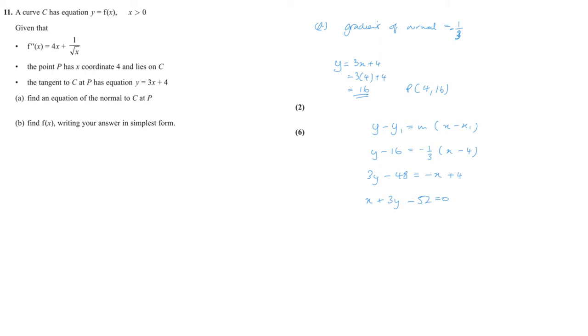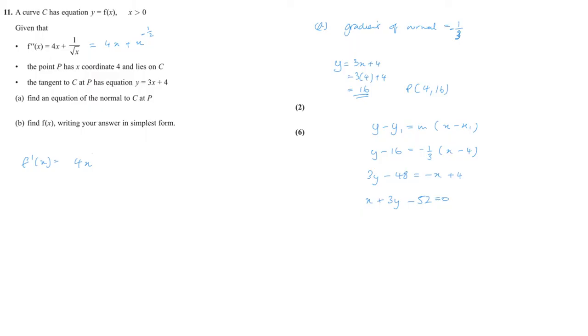Now part B is find f of x, writing your answer in the simplest form. So first we're doing f dash of x, so we're going to integrate this. So 4x, first of all, let me rewrite this. 4x plus x to the minus a half.